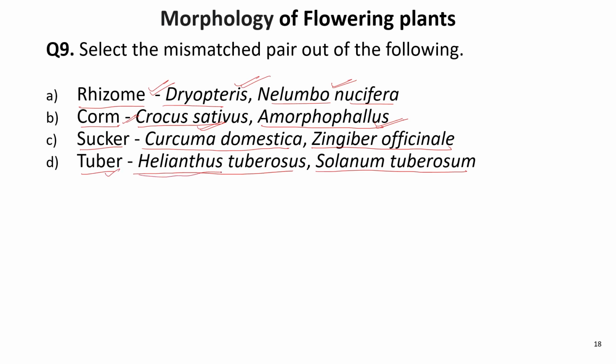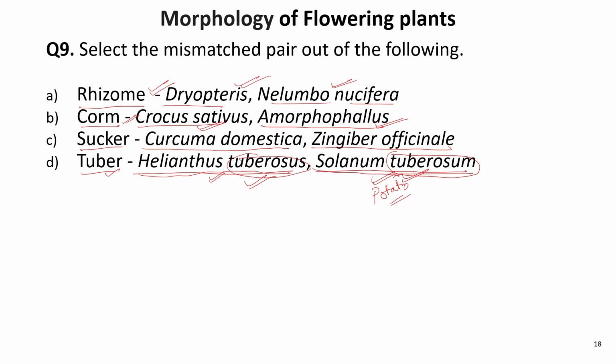Tuber, Helianthus tuberosus and Solanum tuberosum. As you see the species name tuberosus, it comes from the plant bearing tuber-like structure. Helianthus tuberosus is one of the species of sunflower, and Solanum tuberosum is the potato. Now you know both the plants bear tuber-like structure.